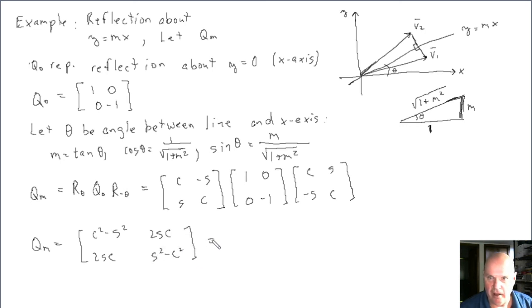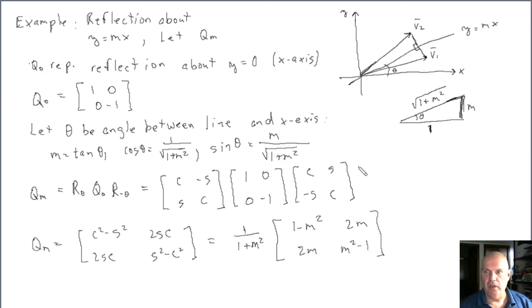Now, I want to be able to express them in terms of m, but I've got that notation that allows me to do that in terms of the parameter m. This becomes 1 over 1 plus m squared times 1 minus m squared, 2m, 2m, and m squared minus 1. Okay.